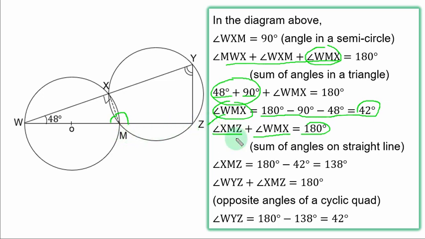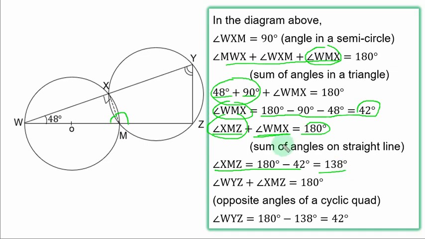This is the angle that we need. This one is 42. If you transfer it to the right hand side, you have angle SMZ equal to 180 degrees minus 42 degrees, and that is 138 degrees.